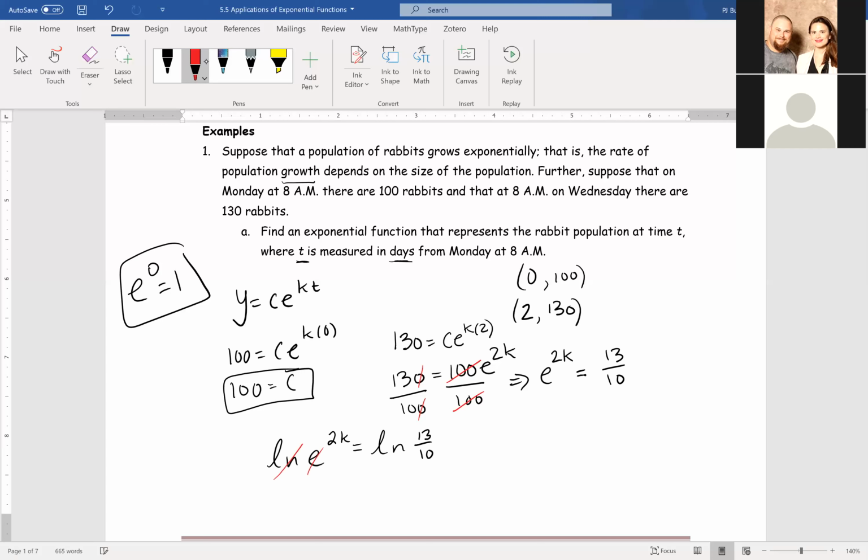So these are gone. And finally, to get k, we just need to divide by 2 or multiply by a half, same thing. And I've done this already. This is approximately 0.1312.